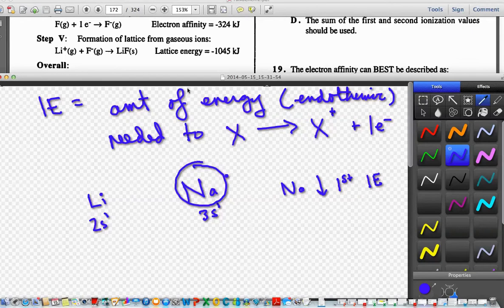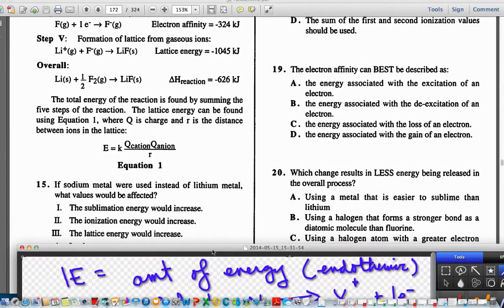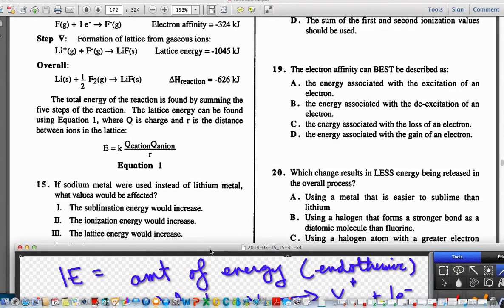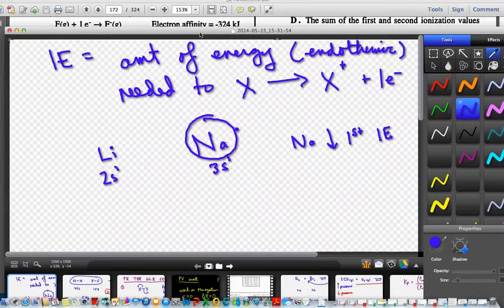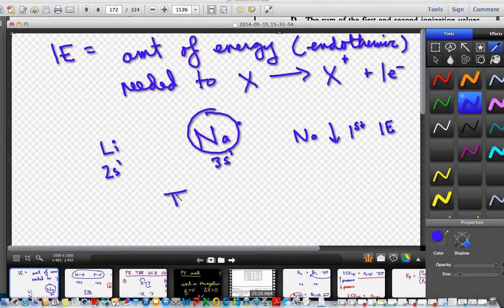So let's look at our statements. Ionization energy would increase. We know that's absolutely false. So 2 cannot be part of the answer.